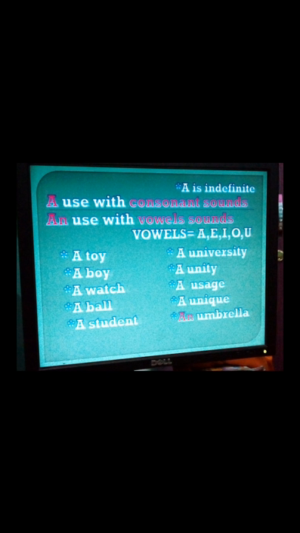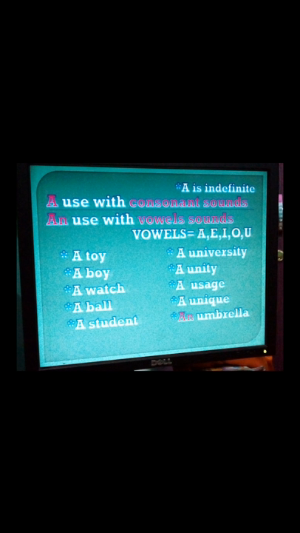Why did I put a here and not an? Because at the start of university the sound is a consonant. We have to see if the sound begins with a, e, i, o, u, then we use an, otherwise with consonant sounds we put a.